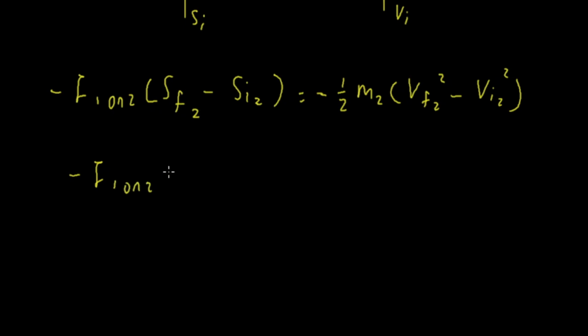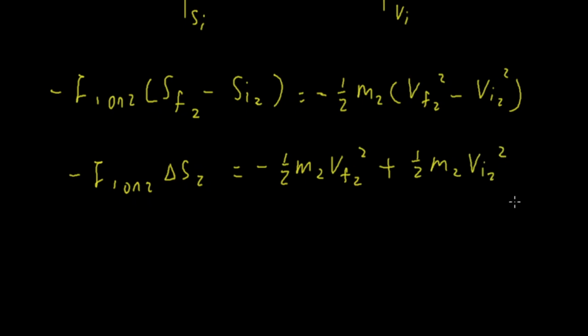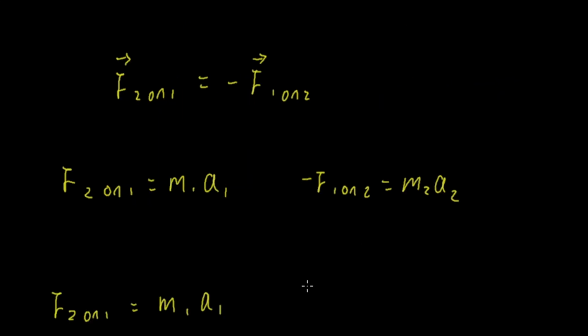So that is delta s2. Let's distribute this. We have negative 1 over 2 mass 2 times final velocity 2 squared plus half mass 2 times initial velocity 2 squared. Okay, now we can come back to this one here.